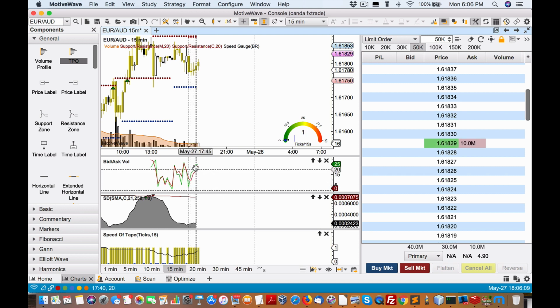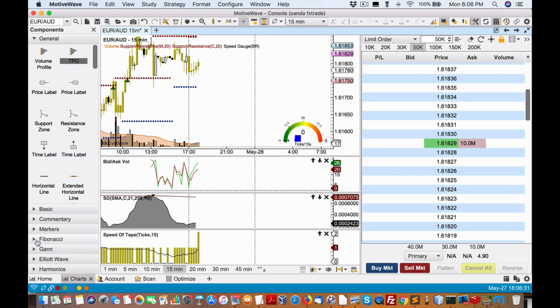So here you can see on the 15-minute, you can see clearly what's driving the price up is the asks are higher than the bids. That's why I'm watching this particular pair.